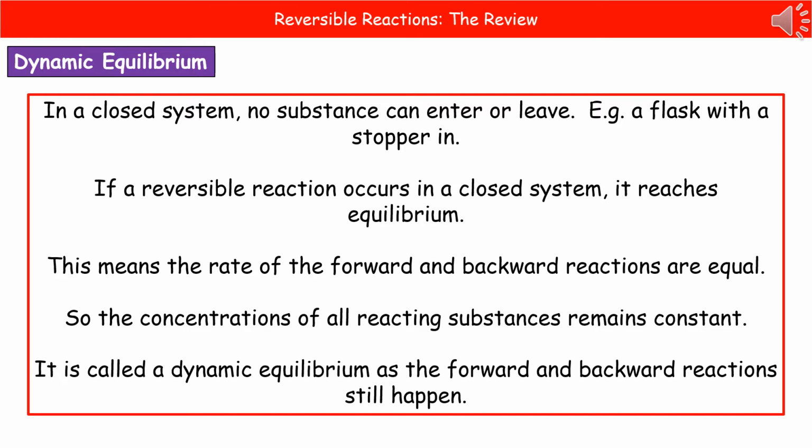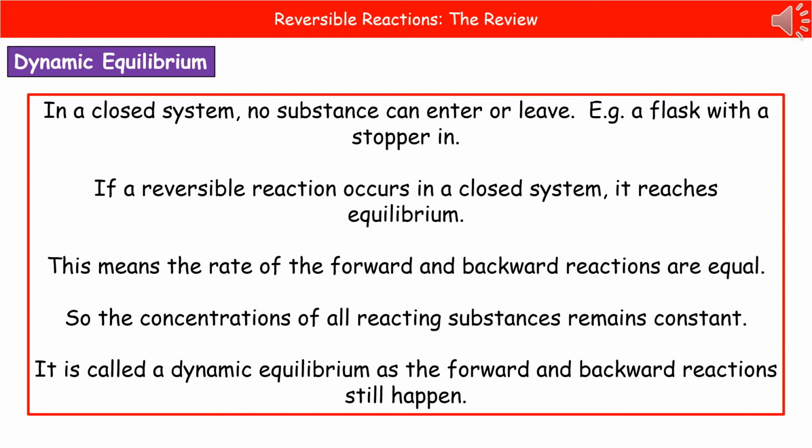So that means that the rate of the forward reaction and the rate of the backward reaction are equal to one another. So this means that the concentrations of all of the reacting substances will also remain constant. What we do find though is that we usually refer to this as a dynamic equilibrium, because it's not a case of it's got to this point of them having equal amounts and it stops.